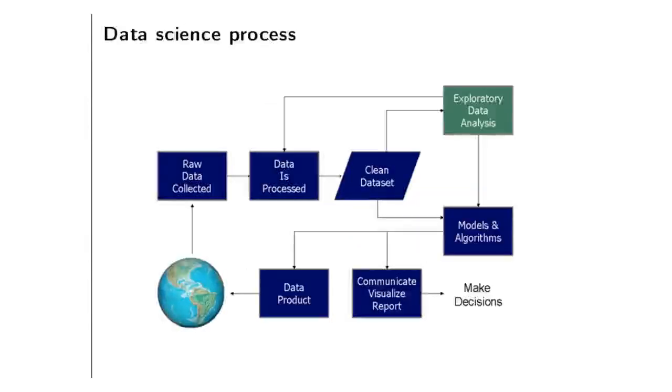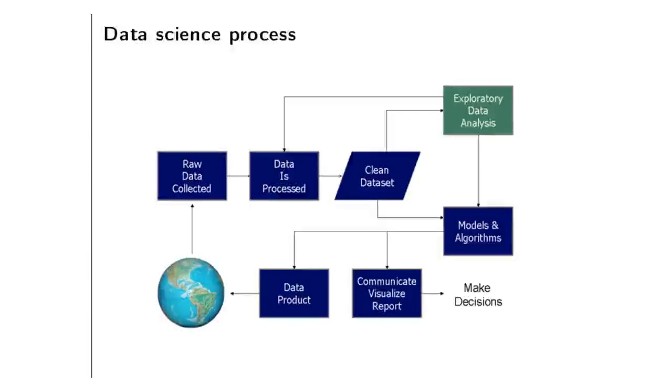So just a bit about the process of data science. We first collect raw data, then data will be processed to come up with a clean data set, or it's more of a sorted data.